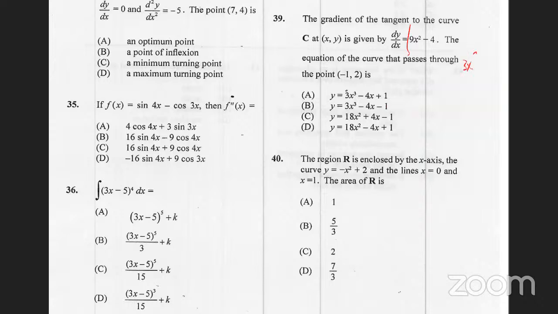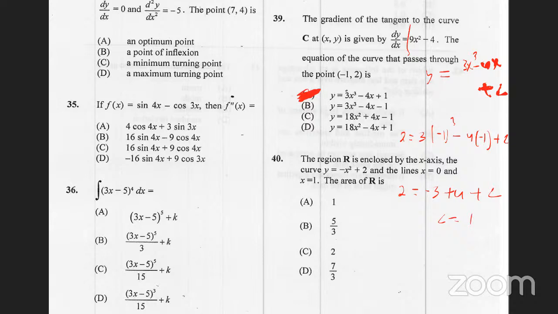So you'll get 3x cubed minus 4x plus C. So you need to get C. So you plug in y is 2, minus 1 cubed minus 4 by minus 1 plus C. So I got 2 is minus 3 plus 4 plus C. So that's 1, so C is 1. So that answer looks like apple.